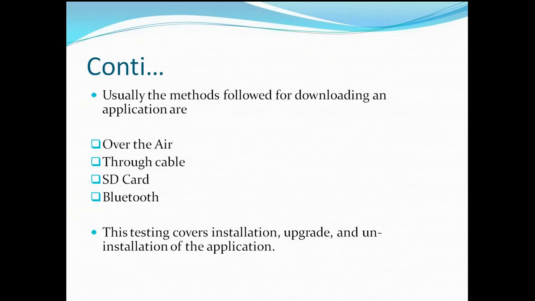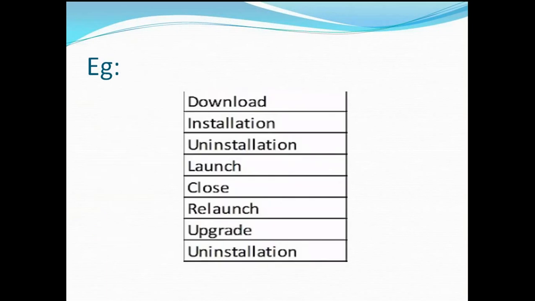Usually, the methods followed for downloading an application are over the air, through cable, SD card, and Bluetooth. This testing covers installation, upgrade, and uninstallation of the application. Example: download, installation, uninstallation, launch, close, relaunch, upgrade.